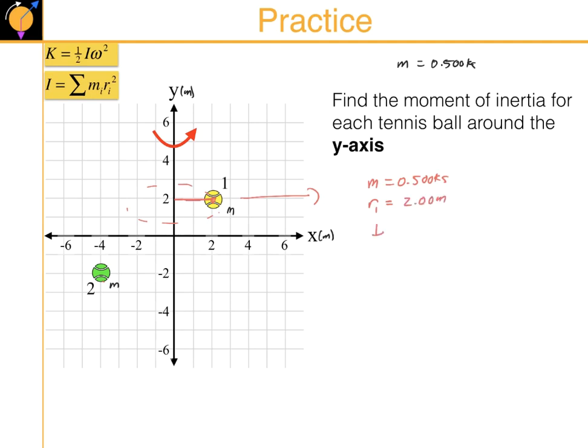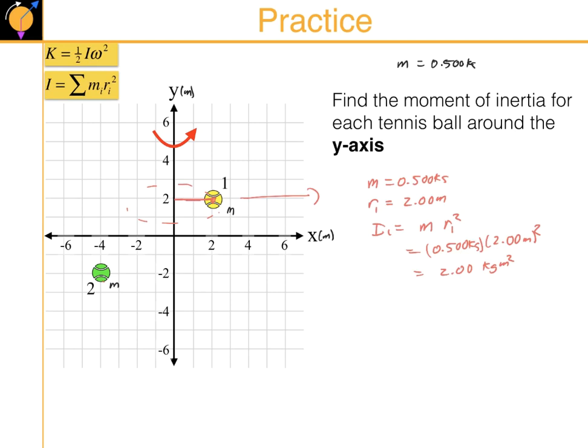So we can calculate the moment of inertia. It's the sum over all the particles, but there's only the one in this case, so it's m times r1 squared. So 0.500 kilograms times 2 meters squared, and that works out to 2.00 kilograms meters squared.